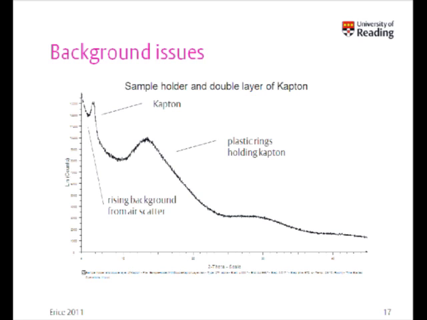And that's a function of the fact that the hole in the sample holder for actually holding the sample is about 7 or 8 millimeters wide. The beam itself that impinges on the sample and the holder is in the region of a couple of centimeters wide. So we're actually scattering very, very strongly off the plastic ring.